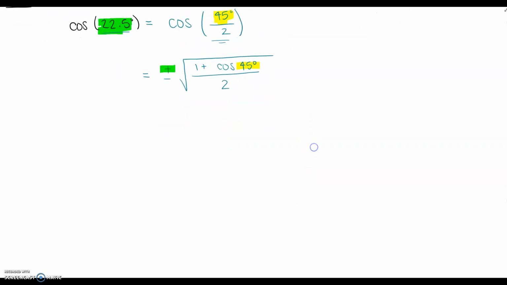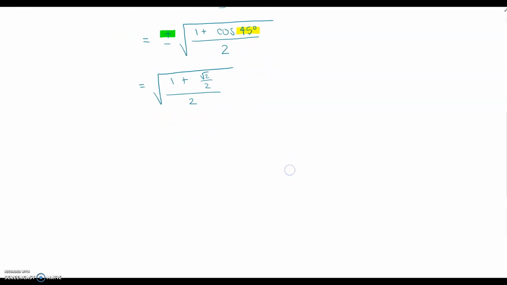And now we go from there. So keeping everything positive, we're going to have 1 plus, what's cosine of 45? Root 2 over 2. I'm going to rewrite this, because you know I don't like a fraction within a fraction, as the square root of 2 over 2 plus root 2 over 2, divided by 2.